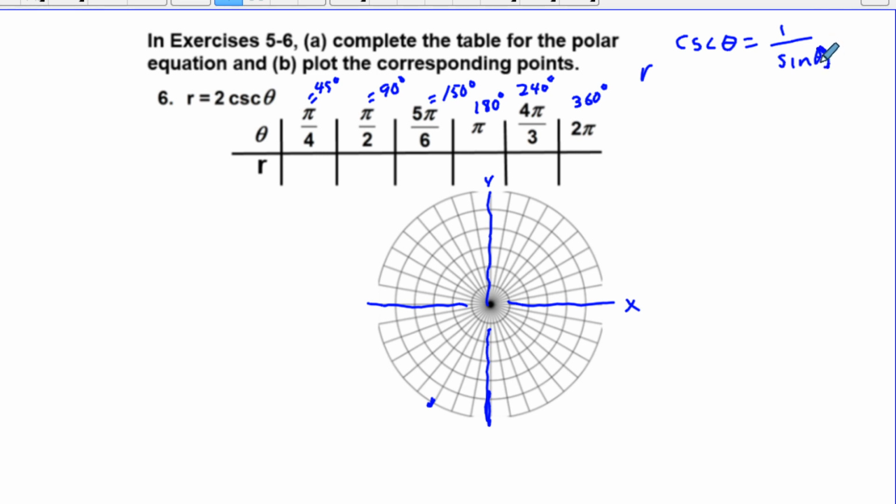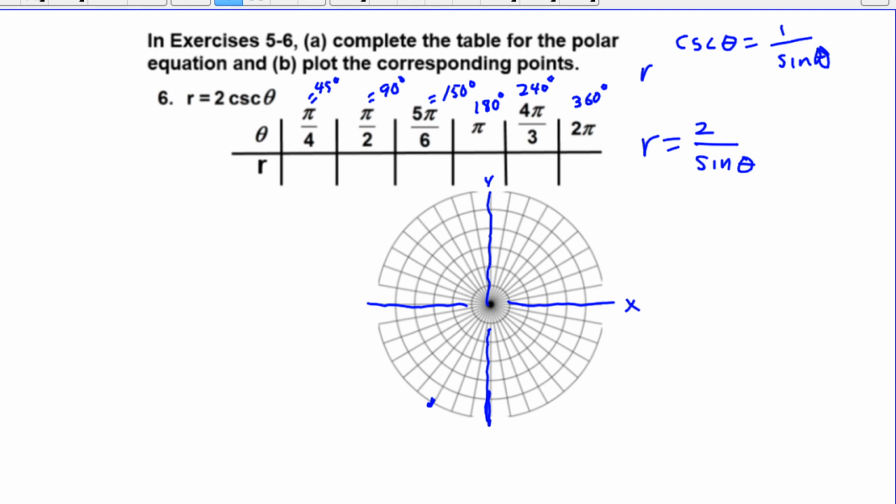So what I recommend doing for this one here is r is equal to 2 over sine theta. So you can just write it in like this. And you can use your calculator, 1 over sine 45 degrees, and that might be a faster way to do it.